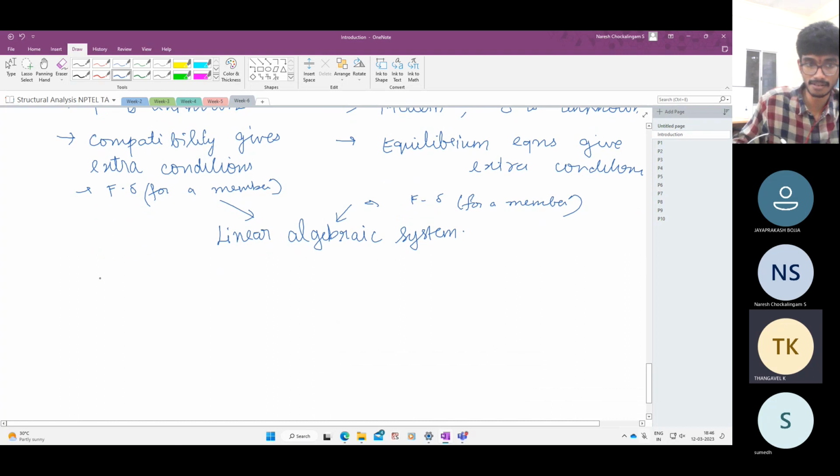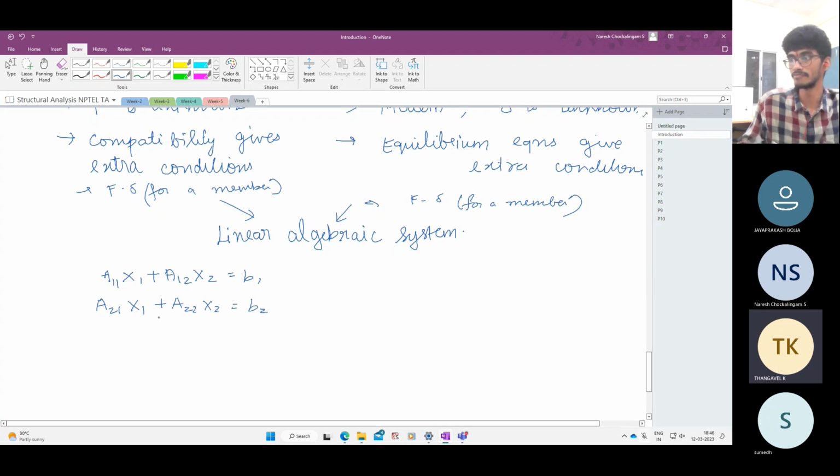Normally, if you have a 2 by 2 system, you have a11 x1 plus a12 x2 equal to b1, a21 x1 plus a22 x2 equal to b2. If it's a small 2 by 2 system, you know how to solve it, right?